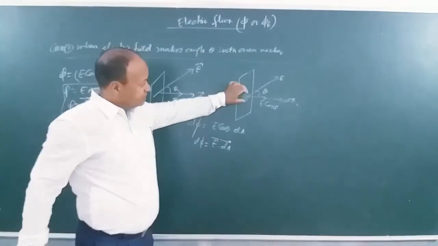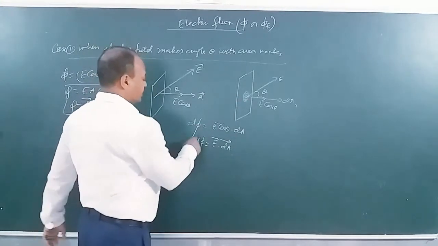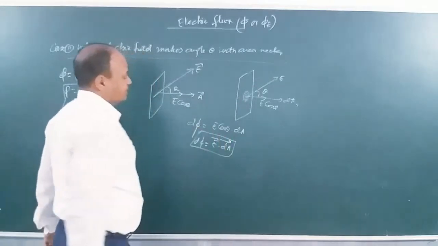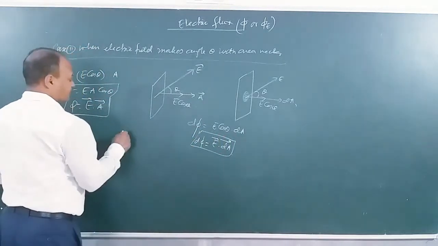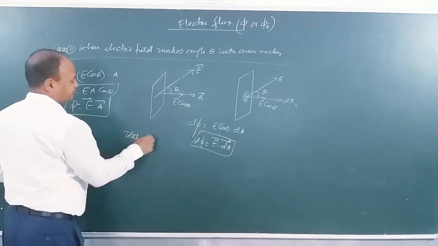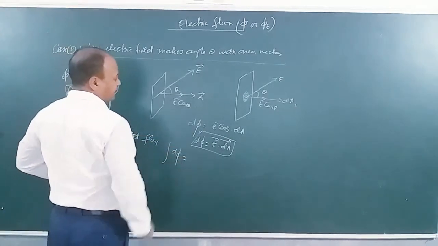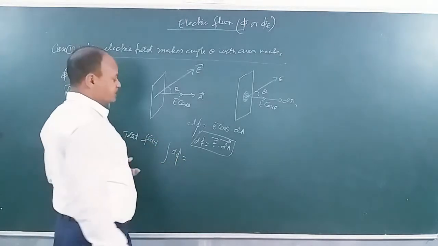Now if using this area element I want to calculate flux for the entire surface, then I can integrate. I can say total flux, I can integrate. Adding a large number of quantities is like what? Integrating.